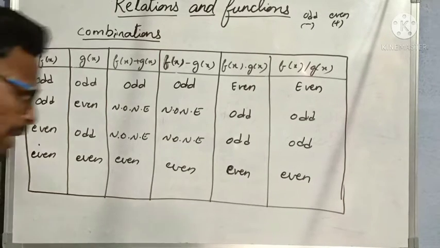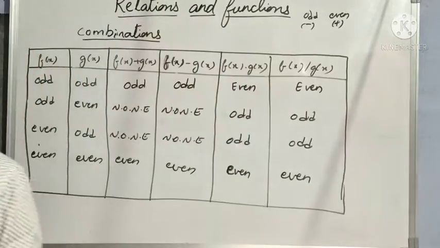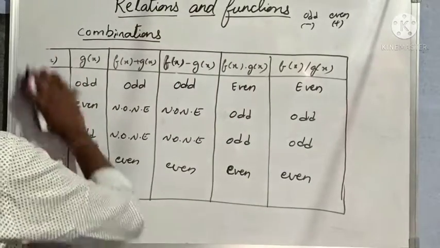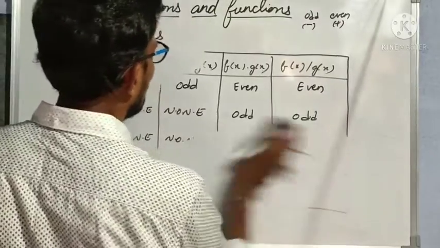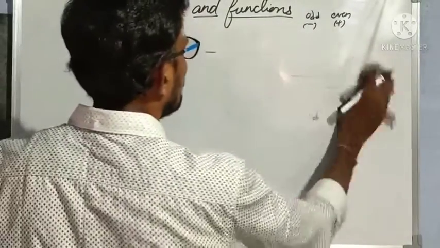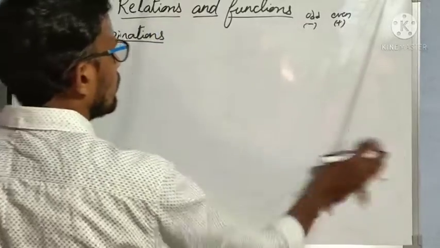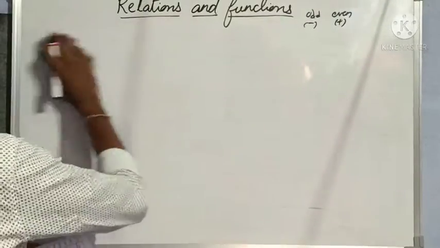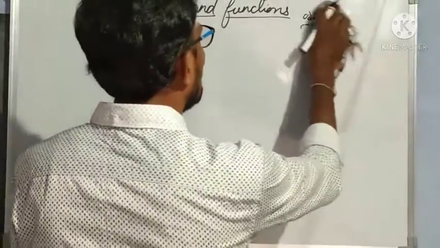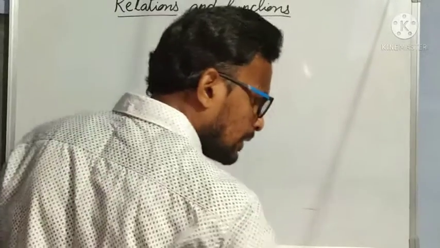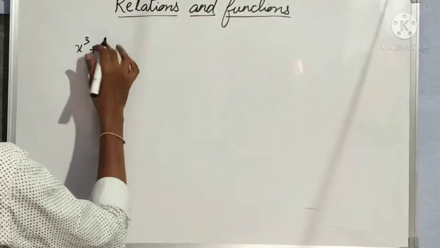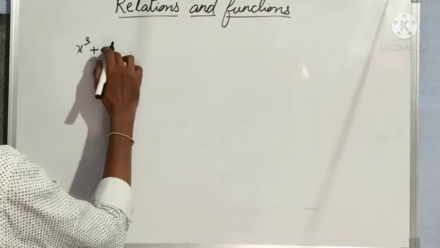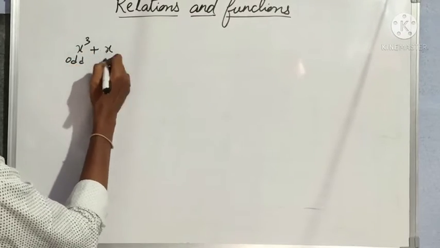So let us see some examples one by one, whether we are getting the same or not. First one, let us see odd plus odd. Suppose take x cube plus x. Okay, x cube is an odd function and x is an odd function.